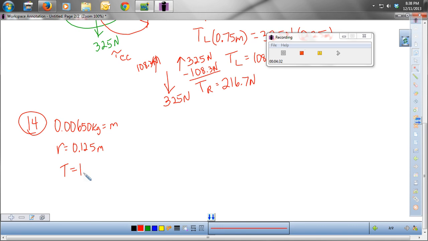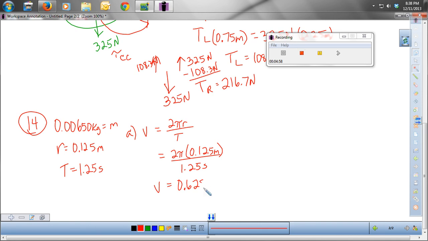So the period is 1.25 seconds, and they want the linear speed, which is just v equals 2 pi r over T. R is 0.125 meters, T is 1.25 seconds. So when I calculated my v, I got 0.628 meters per second.